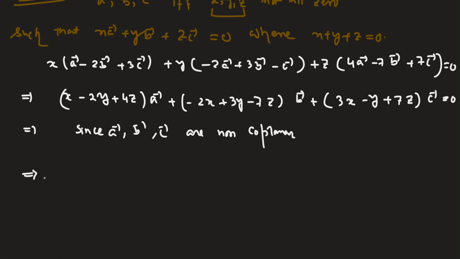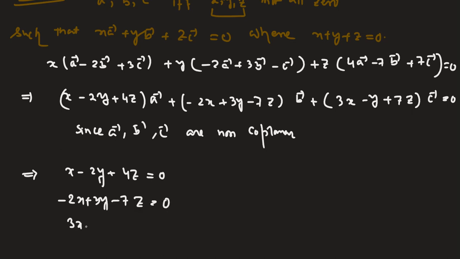That implies x minus 2y plus 4z is 0, minus 2x plus 3y minus 7z is equal to 0, 3x minus y plus 7z is also 0.